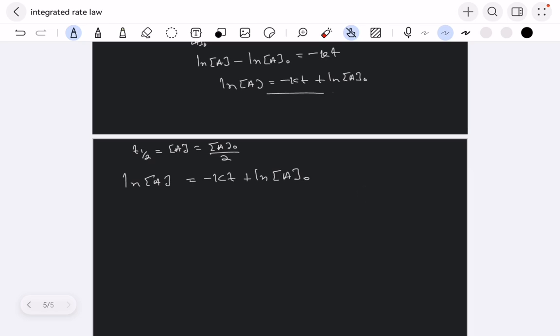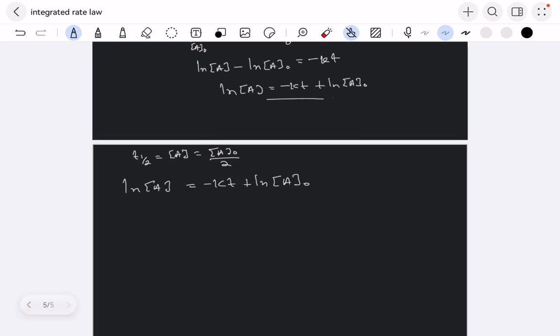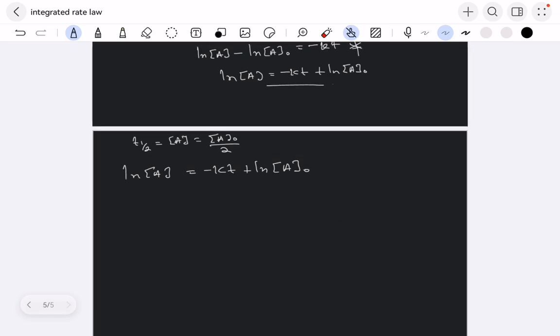Okay, so substituting this equation to rewrite it, when we take it back to here, what that simply means is ln of A divided by ln of A naught is equal to negative kt. We can also write it like this.